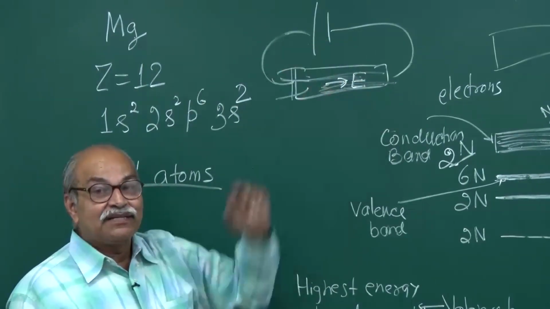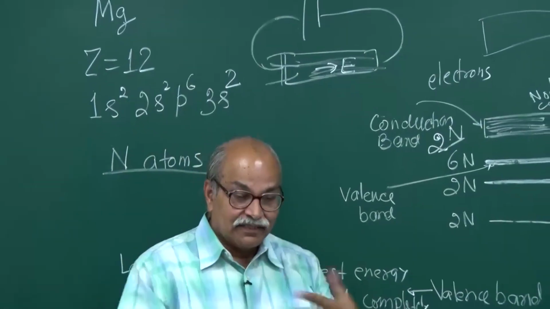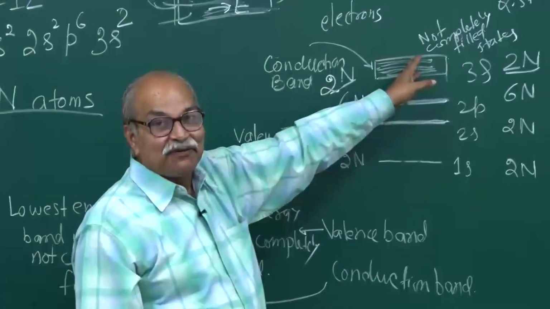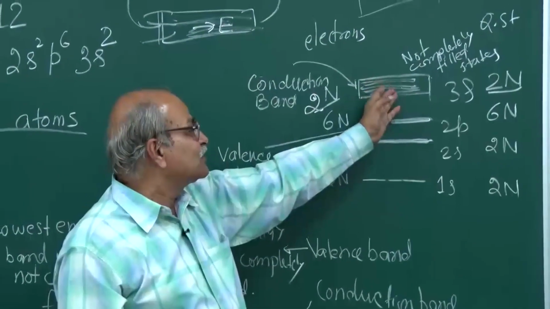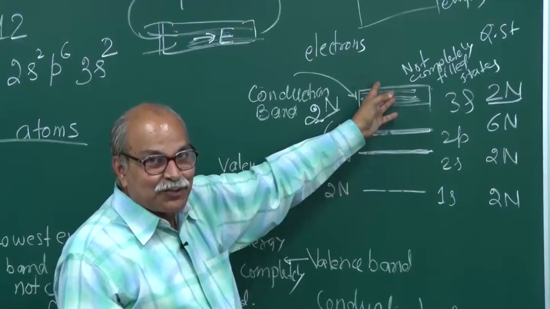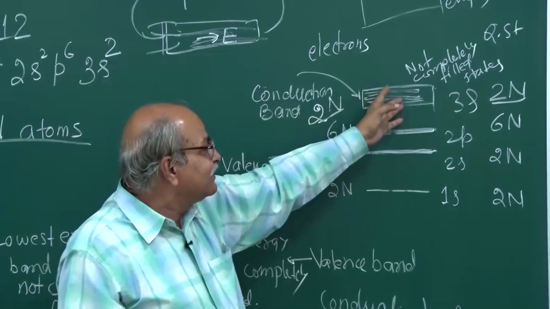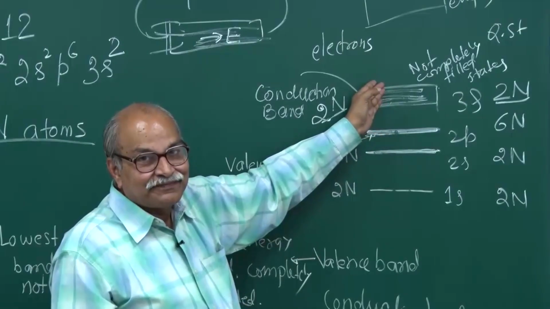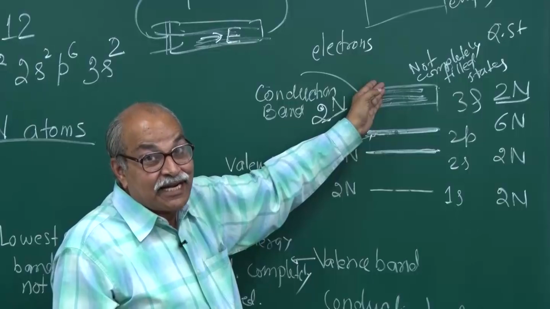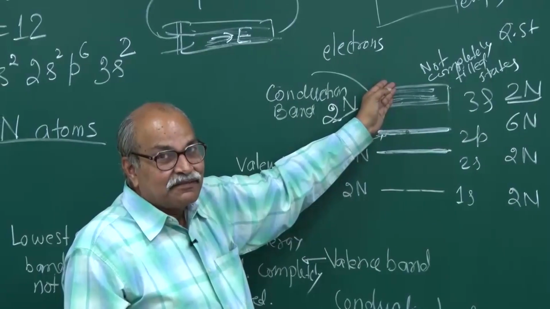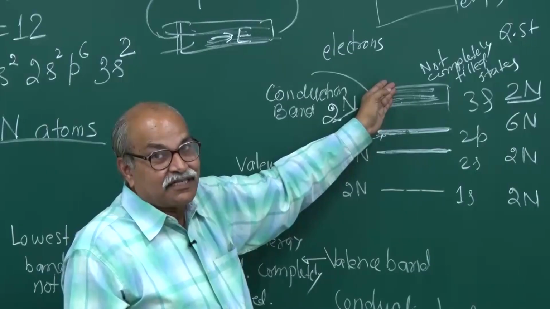The electric field will interact with electrons and try to give some energy, and this band is completely filled. So you may think that these electrons will not accept kinetic energy from the electric field, and so it should be an insulator, but it is not. Magnesium is a very good conductor.